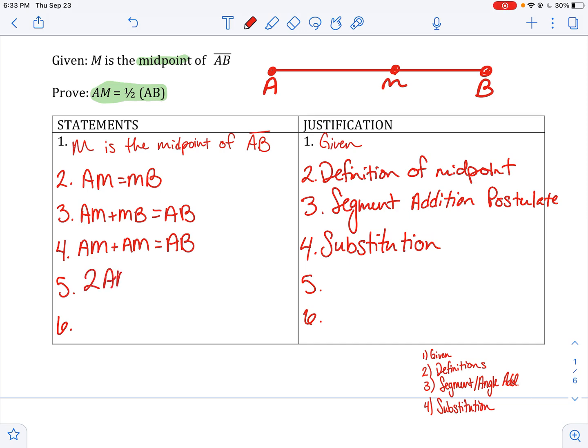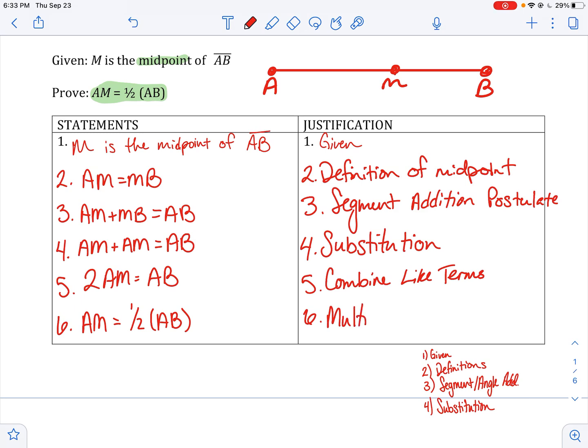All right, so here I would get 2AM equals AB. And you could say combine like terms or simplify. Either way is fine with me. And finally, AM equals 1/2 AB. Now you could say multiplication property of equality.